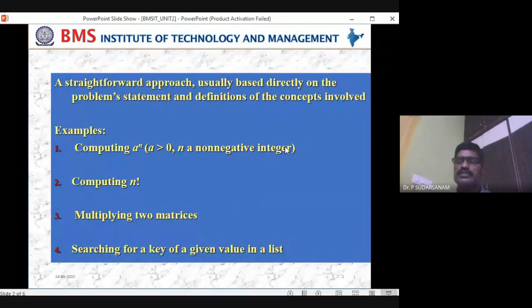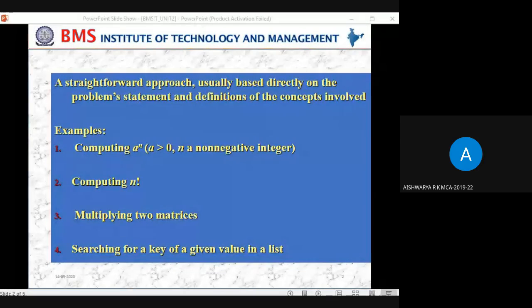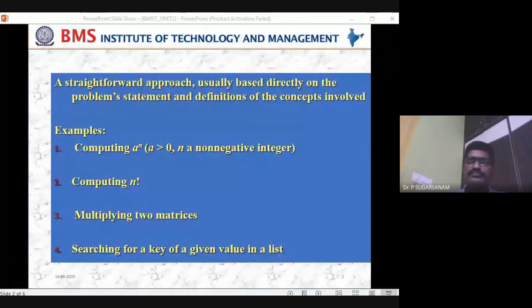First unit, any doubts? You have to tell me. If you have a doubt in any topic, tell me. Hi, Sharia. Yes, sir. Any doubt? No, sir. Deepika?